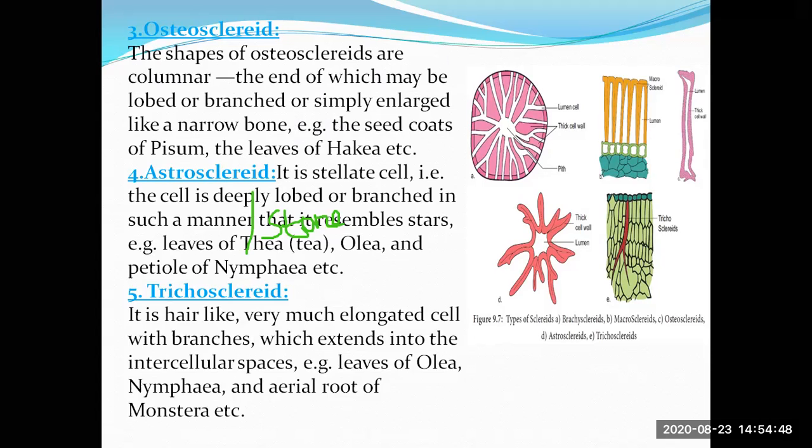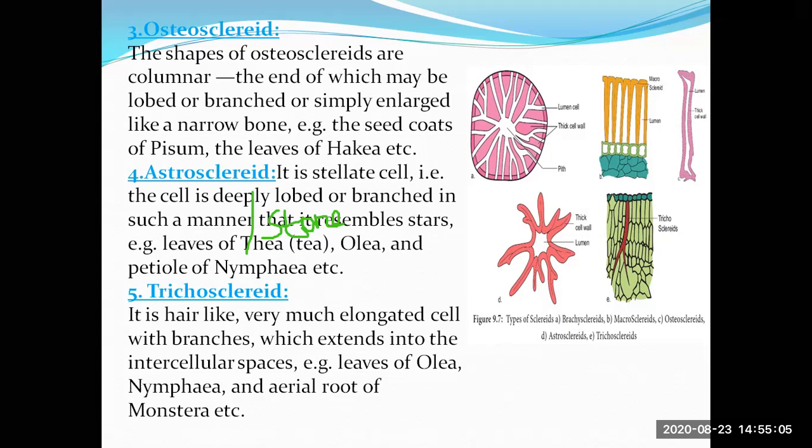Purely, it is an osteosclereid. Generally, you will see them in the seed coats of Pisum and also leaves of Hakea. These are the examples.